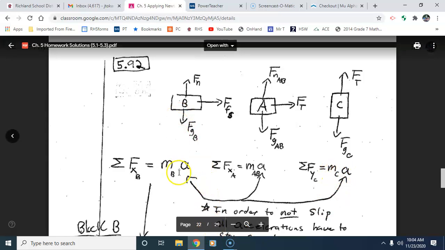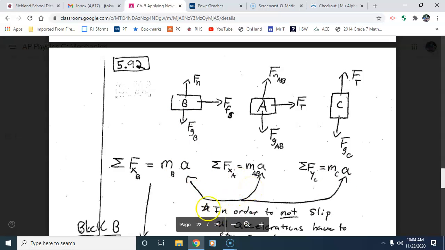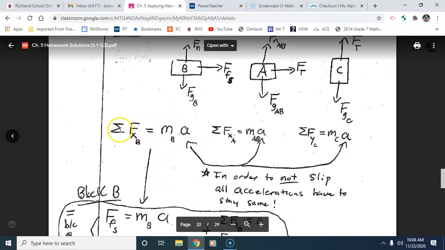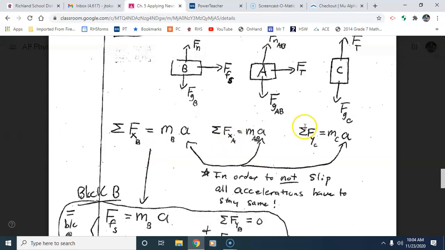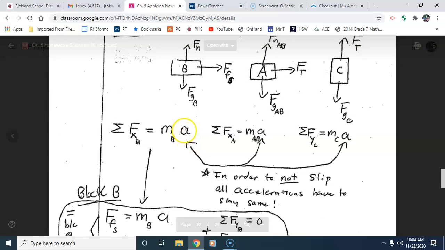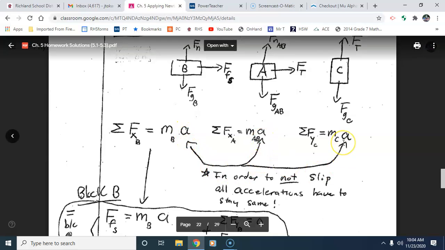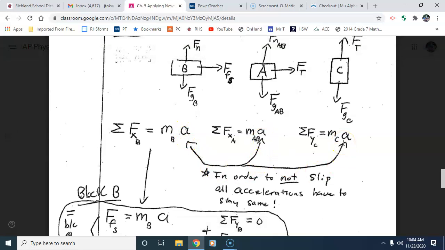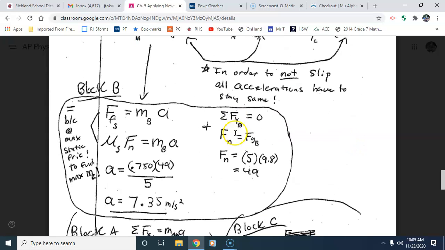And what we need to realize is all these blocks are together. So once we break up the exact forces and plug them in for the sum of all forces, all three of these equations represent the same acceleration. If they're all connected, they all got to be accelerating at the same rate. So we'll remember that as we go.